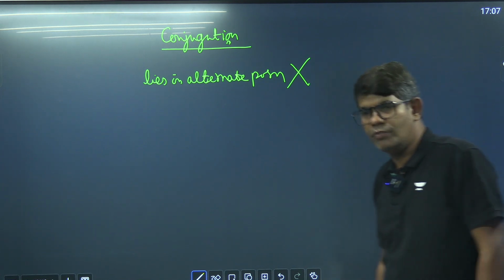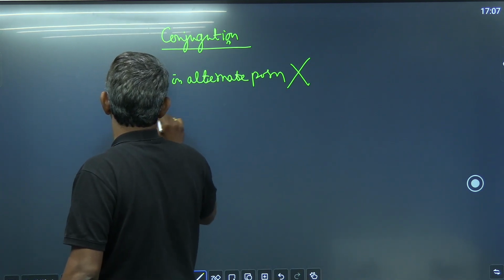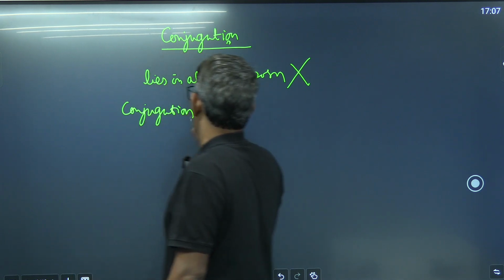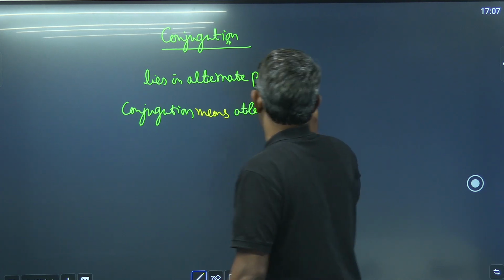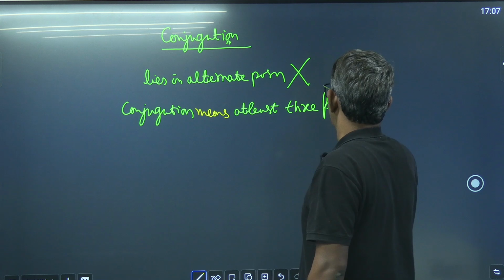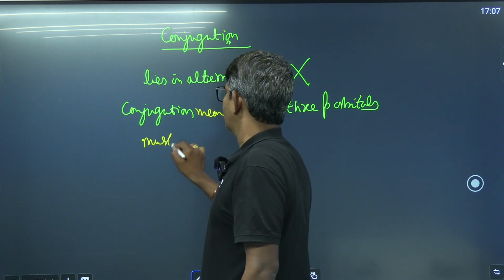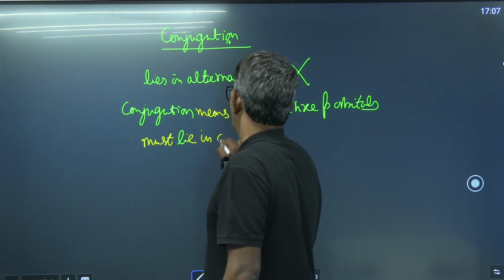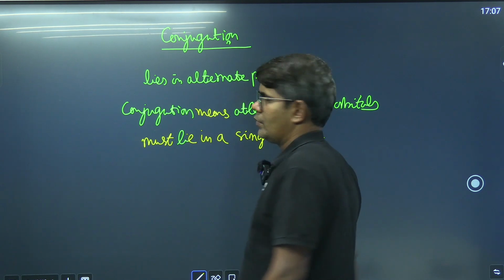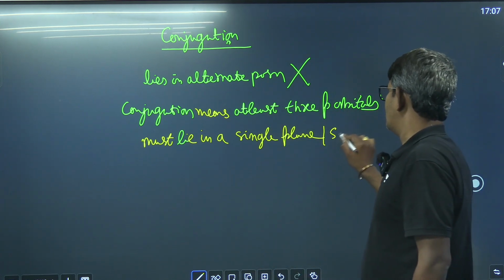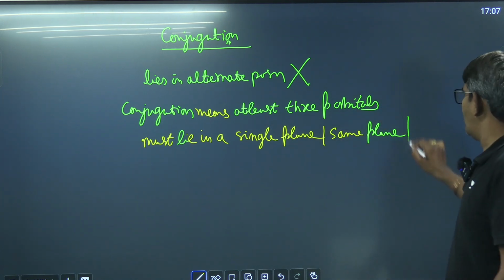So let me explain it to you with utmost clarity. Conjugation means at least 3 p orbitals must lie in a single plane, or on the same plane, which is considered to be coplanar.